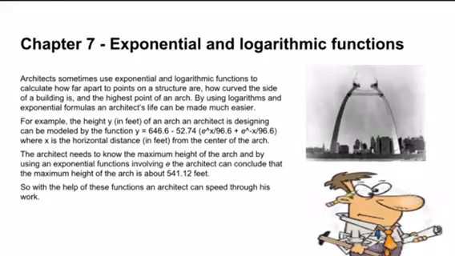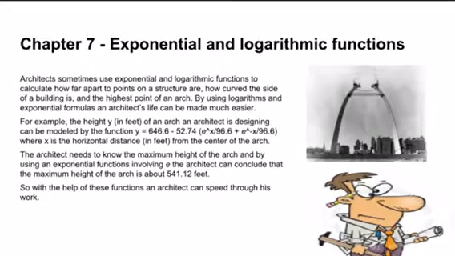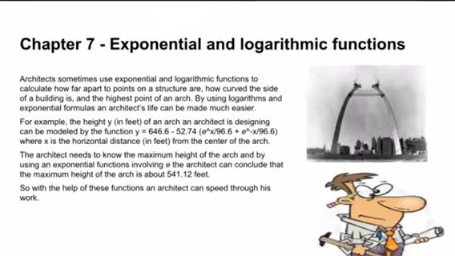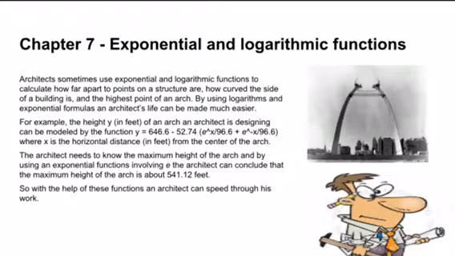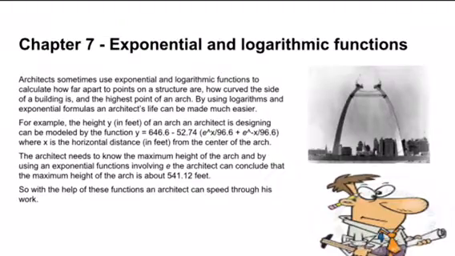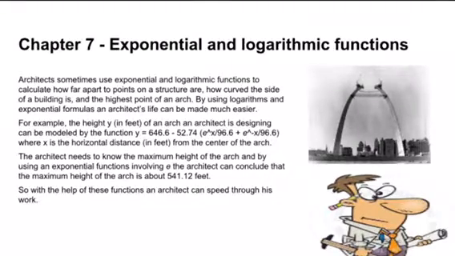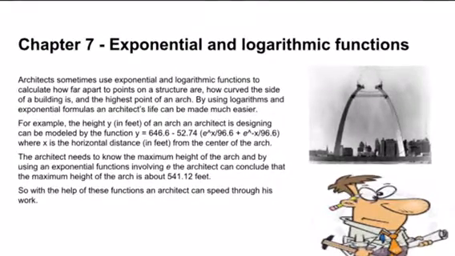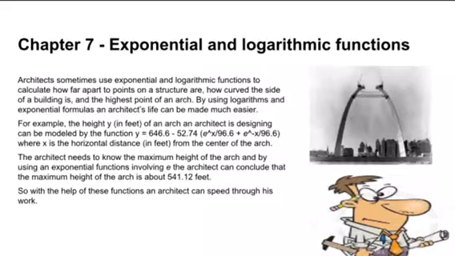The architect needs to know the maximum height of an arc, and by using an exponential function involving e, the architect can conclude that the maximum height of an arc is about 541.12 feet. So with the help of these functions, an architect can speed through his work.